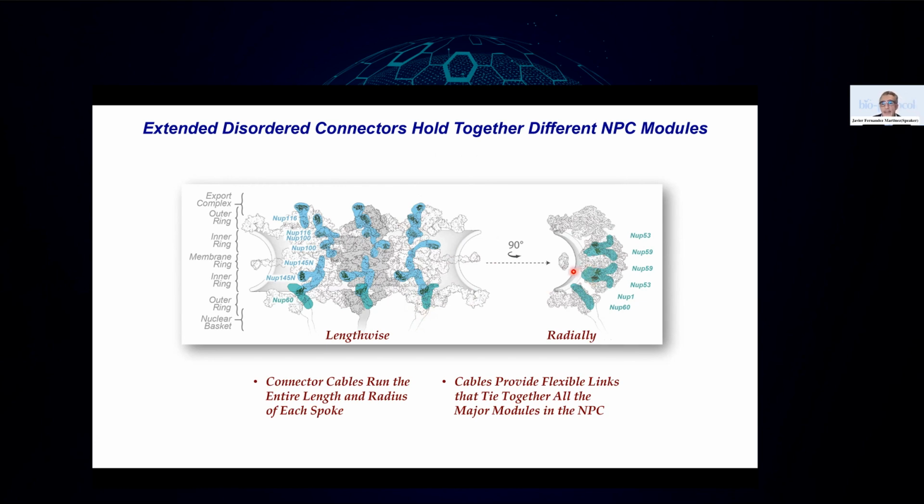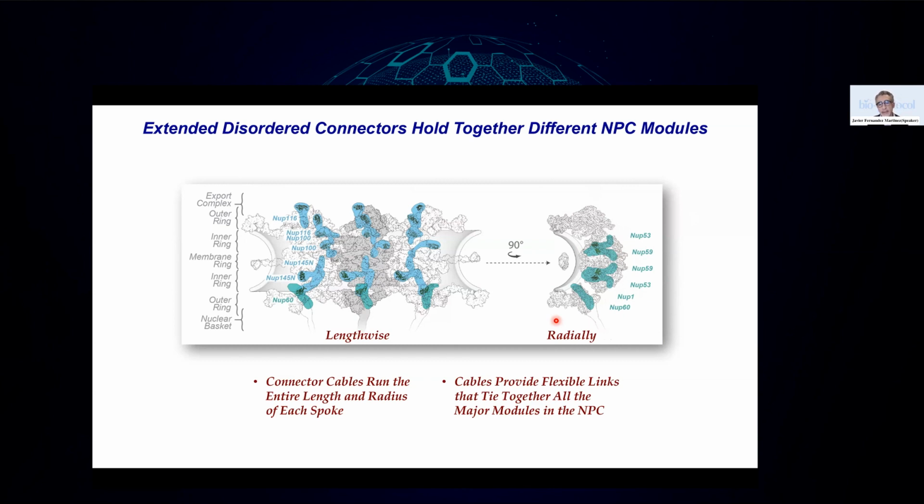And they also thread radially from the nuclear envelope membrane through the core scaffold of the NPC and even into the central transporter in the central channel of the NPC. So we have all this network of what you could consider flexible cables connecting the different rigid modules, providing flexibility and resilience to the structure of the NPC.